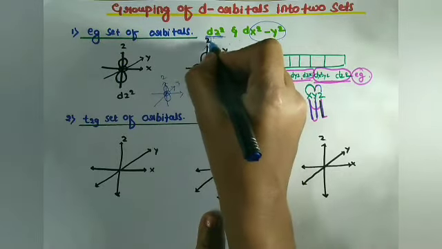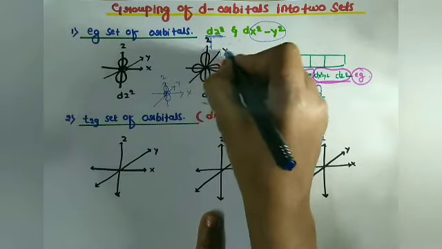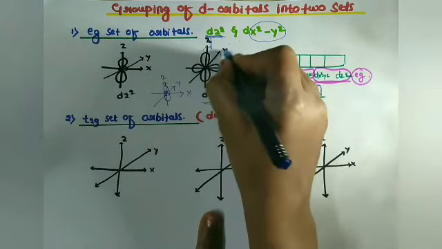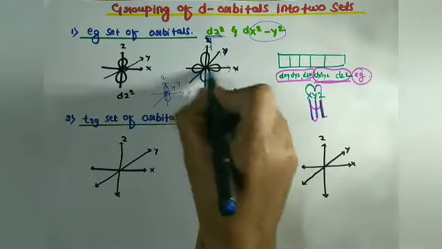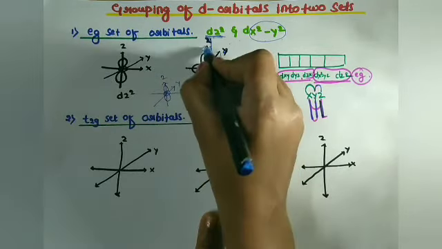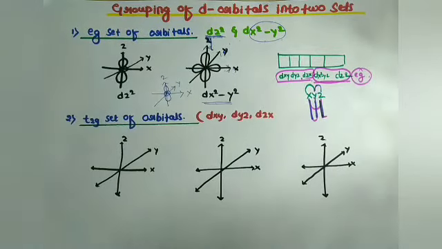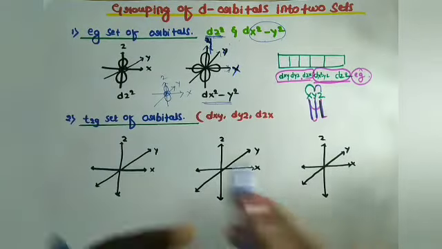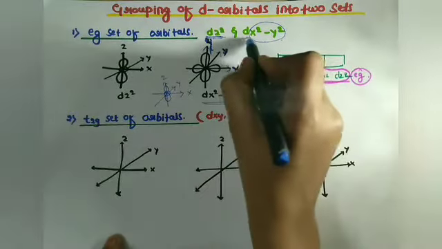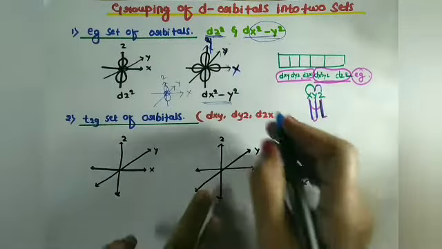Here I am taking the y axis and the x axis, so the lobes are along the x axis and along the y axis. So this is the dx square minus y square.